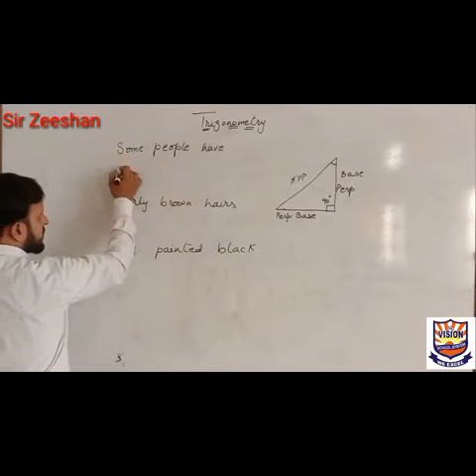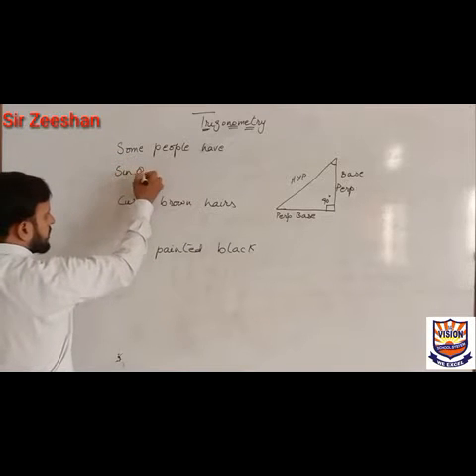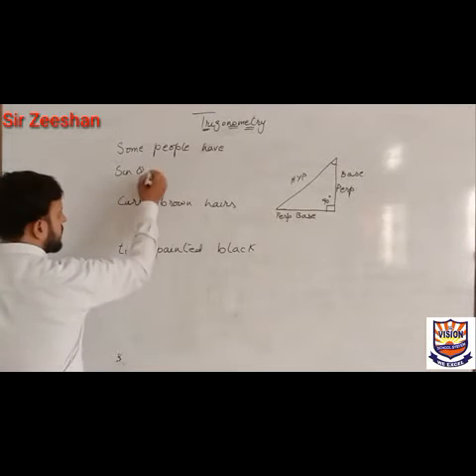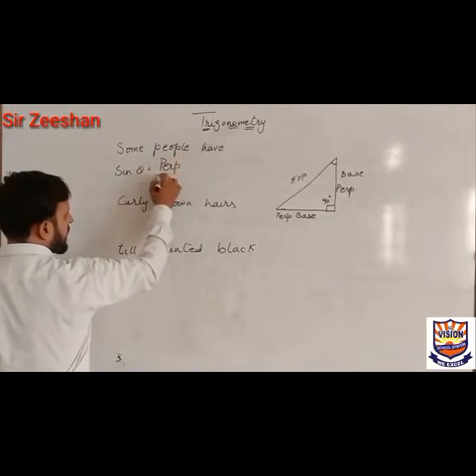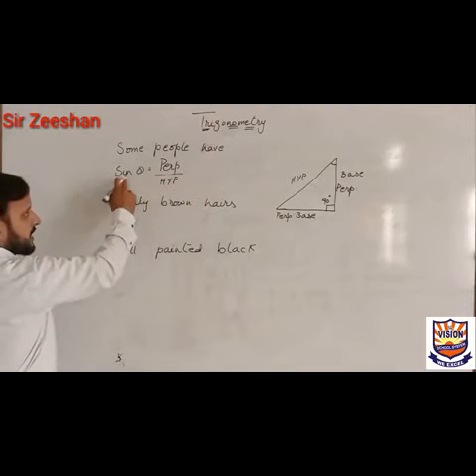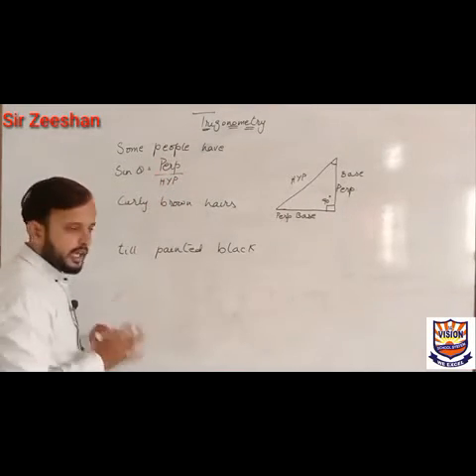So S is equal to sine theta. Theta is for angle. P in people means perpendicular, and H in have means hypotenuse. So the formula is quite easy. Sine theta is equal to perpendicular upon hypotenuse.